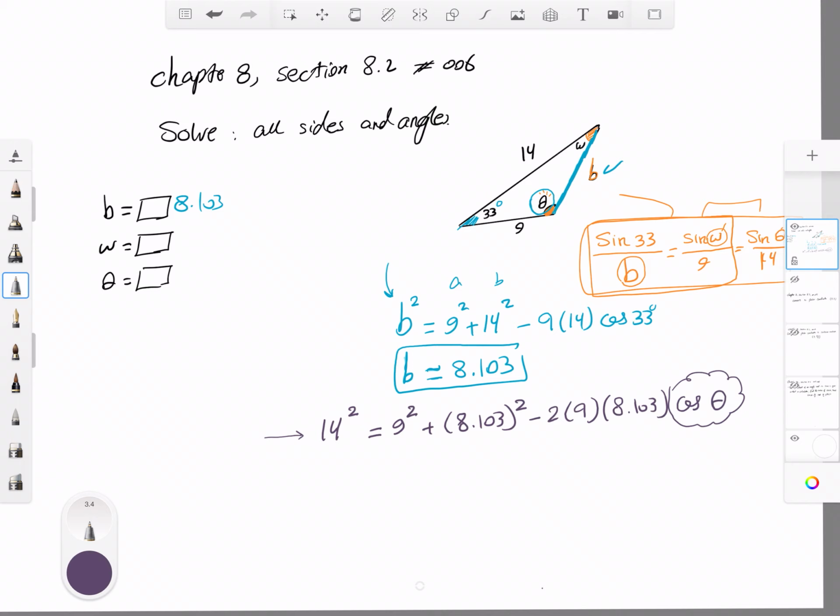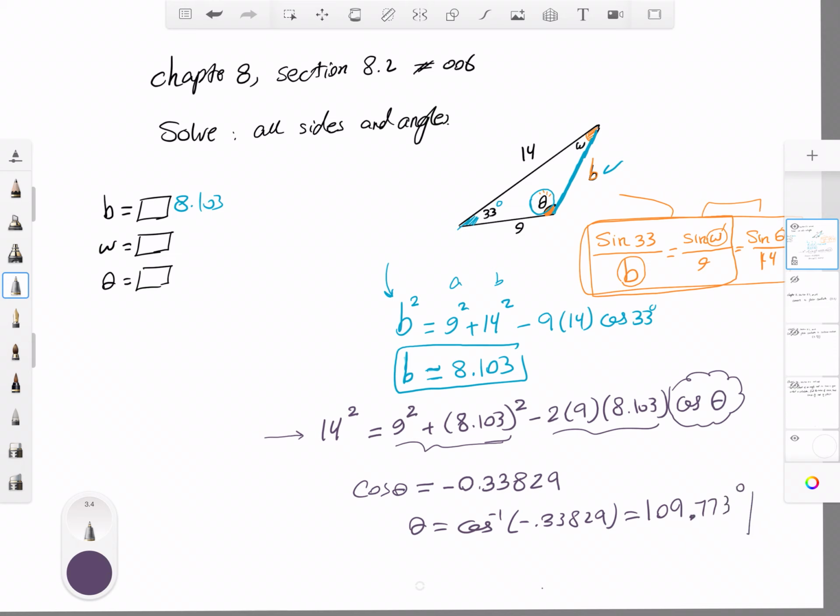If we do the algebra, then cosine of theta will be equal to negative 0.33829. Then theta will be cosine inverse of negative 0.33829, which will be approximately 109.773 degrees.